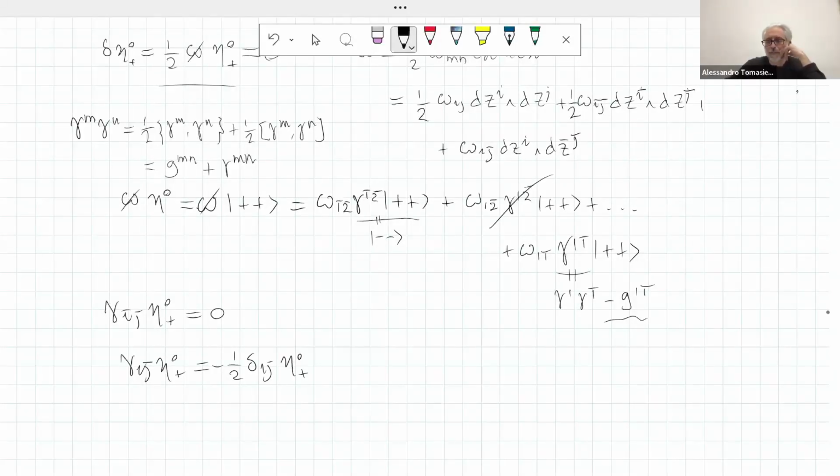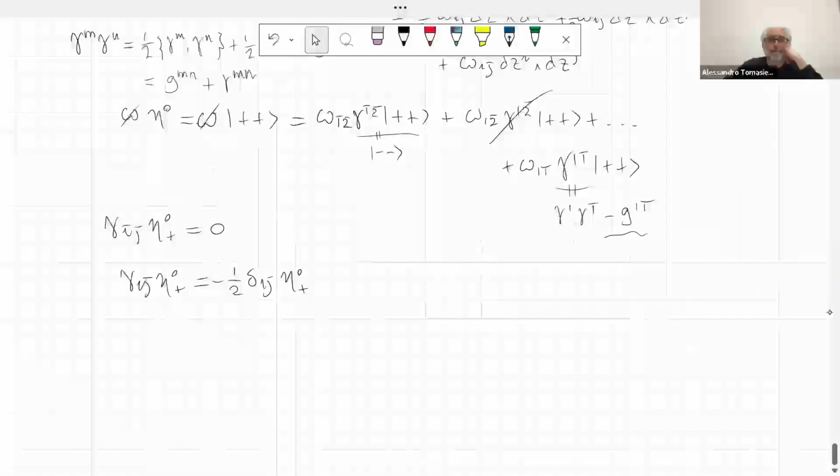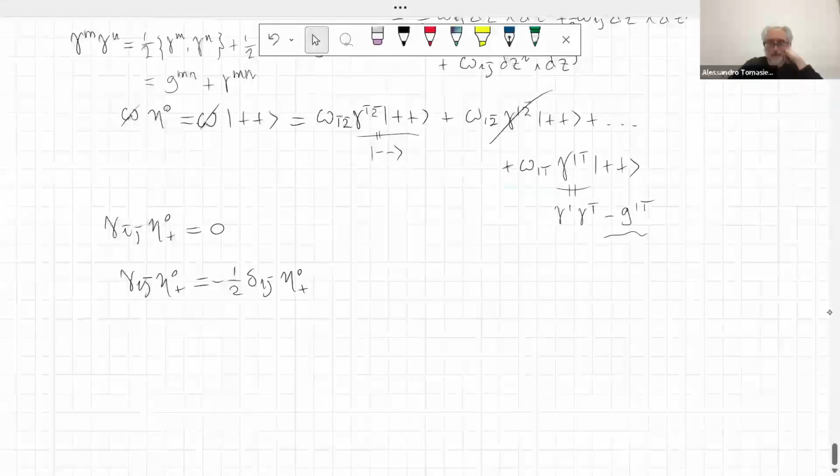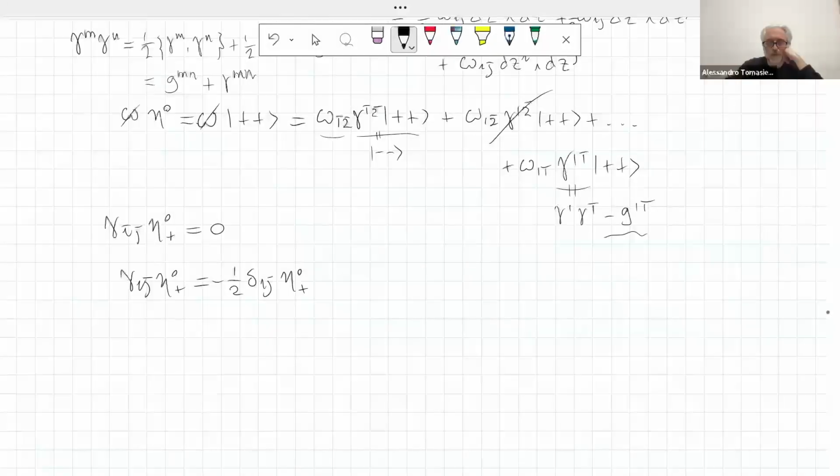Here we were getting -2 instead of -1/2 because I was considering upper indices instead of lower ones. But so you see the coefficients, so this needs to be 0. And then we have something to impose on the omega I j bar.